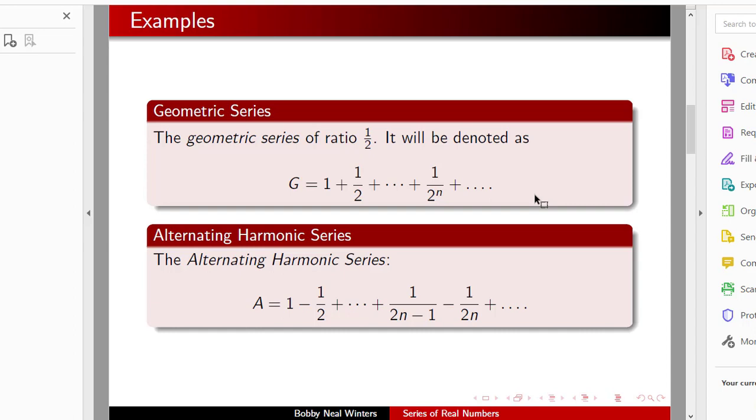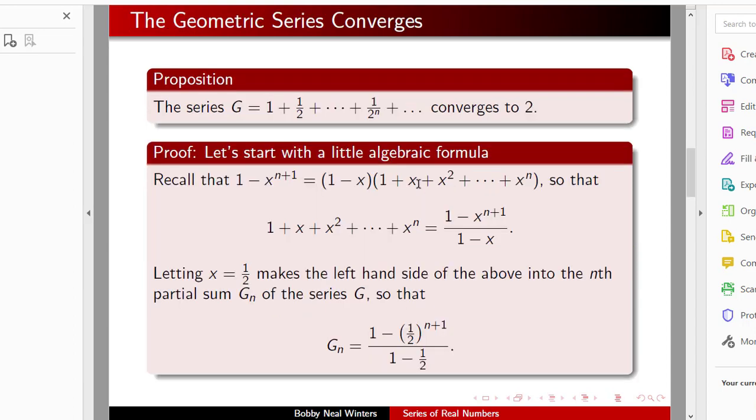The second is the alternating harmonic series, where we take the terms of the harmonic series and alternate putting plus and minus between them. Okay, so what are we going to do with these? First, we're going to prove that the geometric series with ratio 1/2 converges to 2.